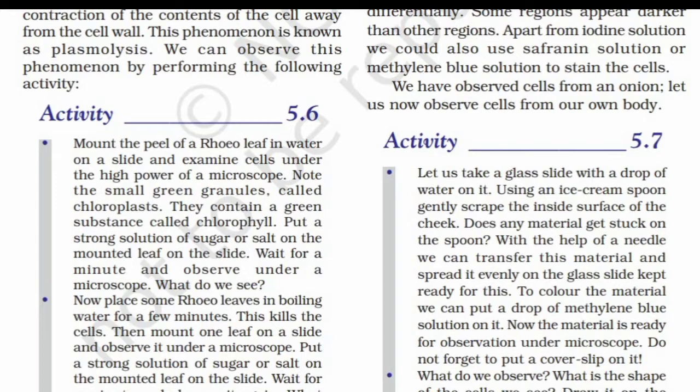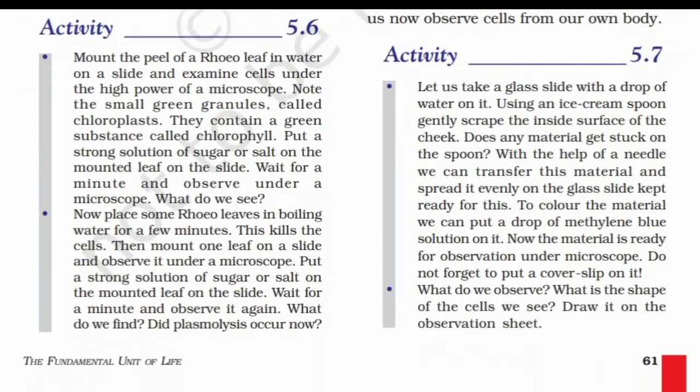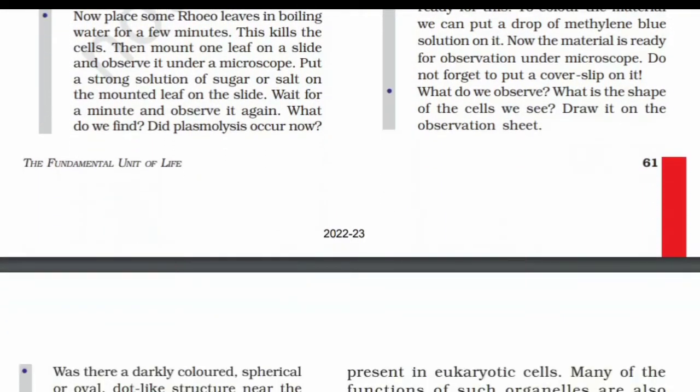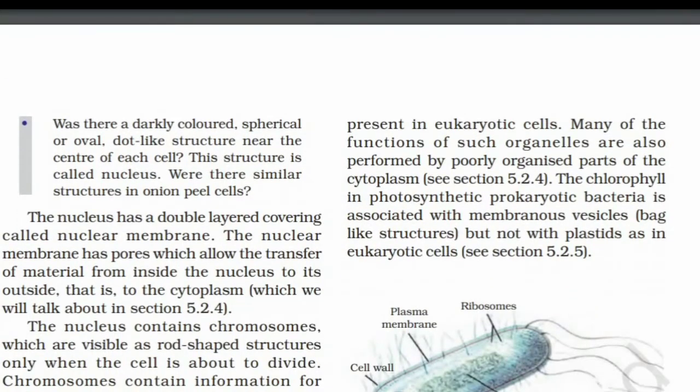What do we observe? What is the shape of the cells we see? Draw it on the observation sheet. Was there a darkly colored spherical or oval dot-like structure near the center of each cell? This structure is called nucleus. So again we are going after plasma membrane, after cell wall. Now we are studying nucleus.